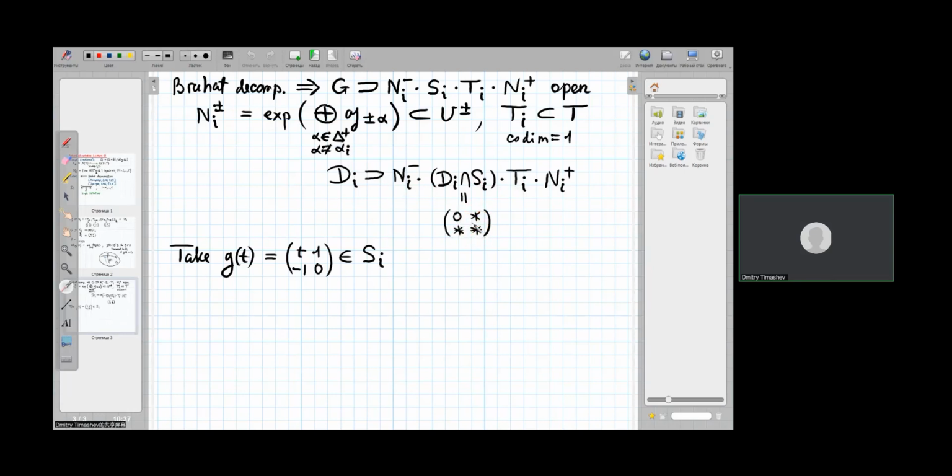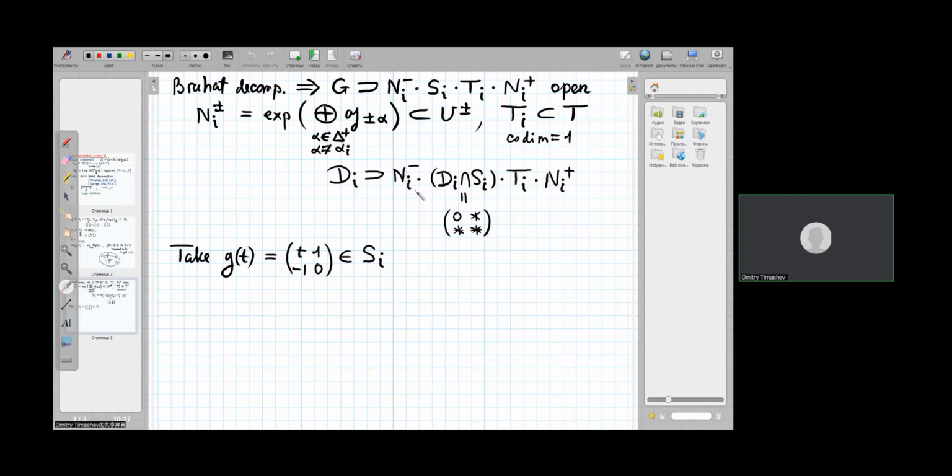So this guy is stable under the left translation of the root subgroup corresponding to minus alpha I. So it remains to translate by this guy, and this we do. And on the right, it remains to translate by this guy. So finally, we see that the whole coset B minus Ri B plus is contained in this product set. And this means that it is open in DI, okay?